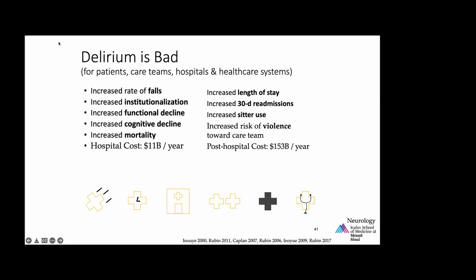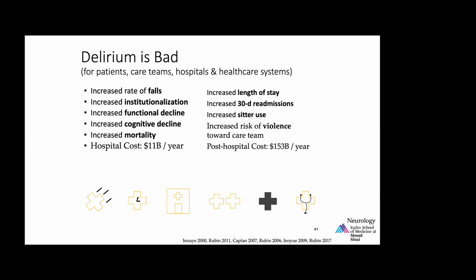People with delirium are more likely to aspirate, maybe less likely to get necessary studies, and end up with restraints or getting Haldol and things like that. So there are a lot of ways you can imagine there would be higher mortality and ultimately worse outcomes long-term. And it's very, very costly for the healthcare system.